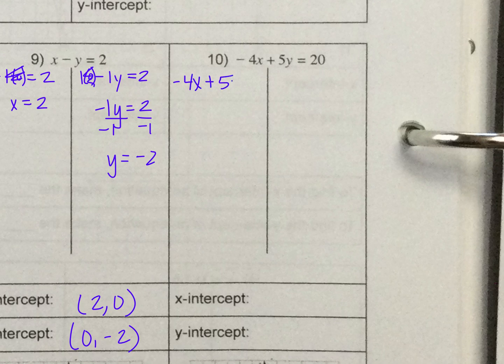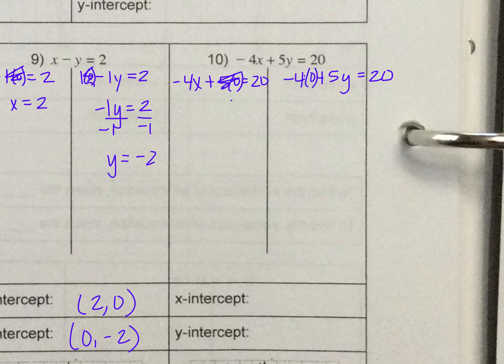-4x plus 5y equals 20. Make the y 0 in the first one. Make the x 0 in the second one.